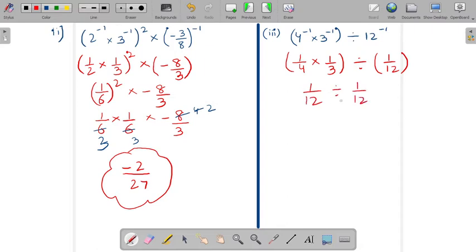Now, next step, change this divide into multiplication form, and you know it very well, while converting it into multiplication form, the second term will become reciprocal. Now what should be the next step? Cancel them, and after cancelling you will get 1 as the answer.